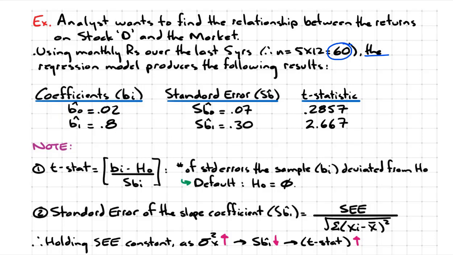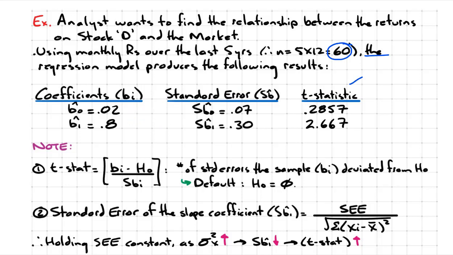Now we have to remember these values were calculated using 60 observations, which is a sample. But whenever you're using a sample, there's bound to be errors. So that's what the second column measures. It says, what are the errors associated with these estimates for B0 and beta 1?